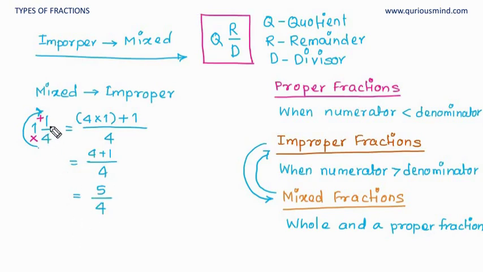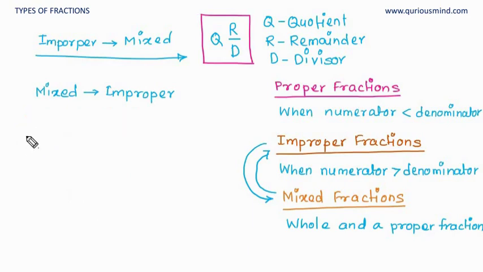Let's take one more example to understand it better. Let's say I have 2 whole 3 upon 7. So what I need to do is travel clockwise, starting from the denominator. First I am going to do multiplication, and then I am going to do addition. Okay, so 7 multiplied by 2.